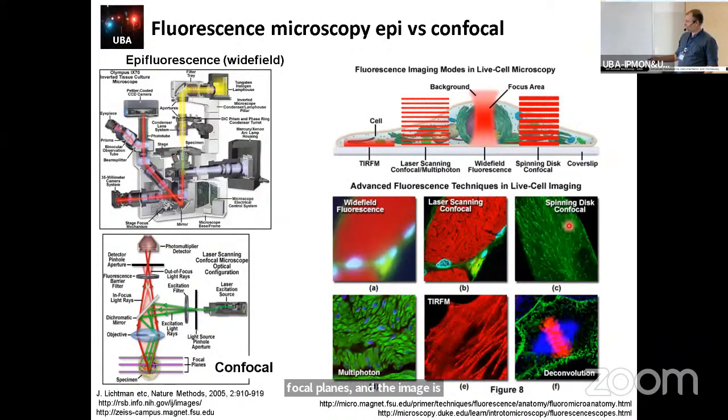The same goes for spinning disk. Even though it is a little less resolving in Z, you still have very good resolution, and you can have much more speed in the acquisition, because it is detected on cameras. Then we will learn a little more about multiphoton and some other techniques like TIRF.